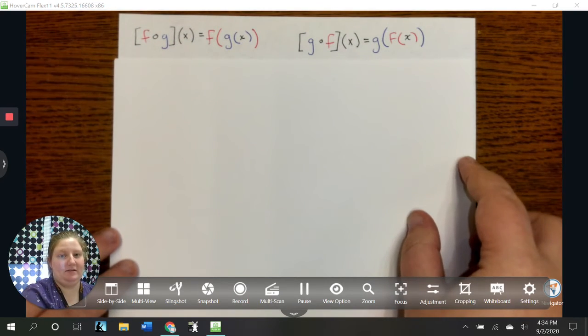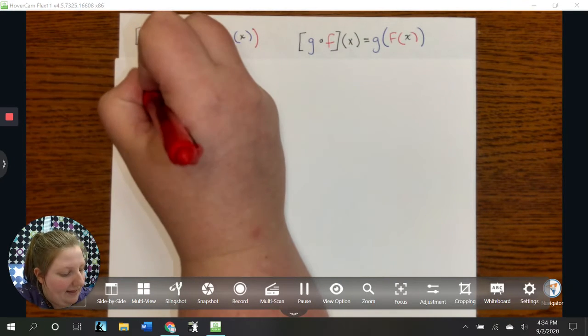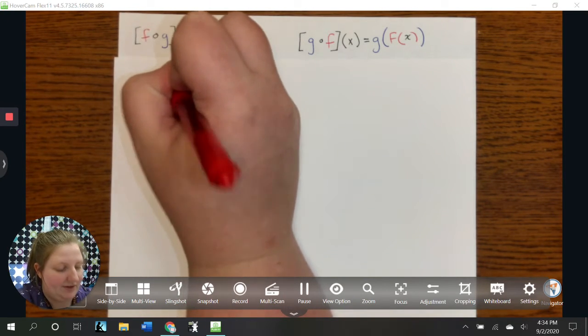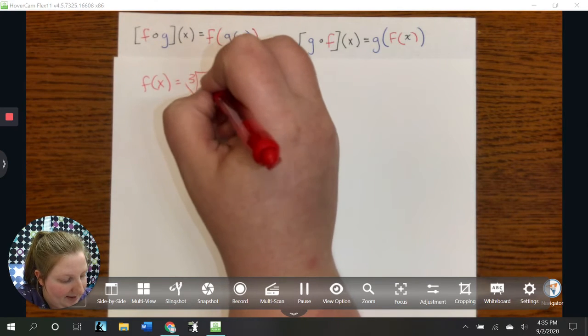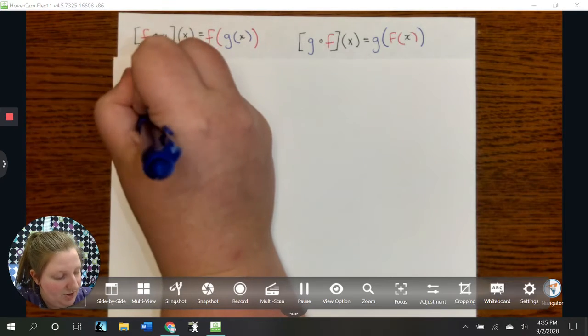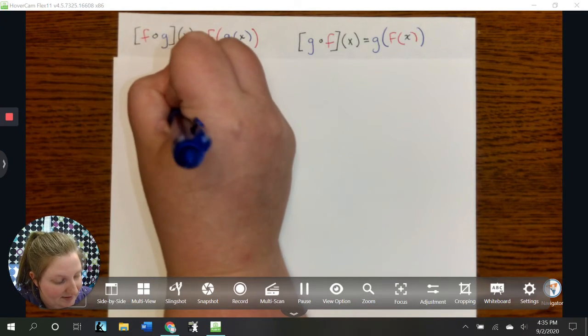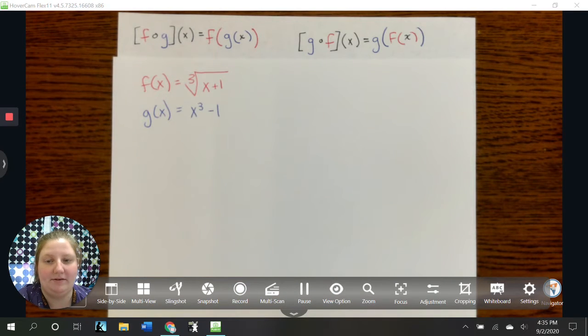I'm going to keep this up here for our reference. So let's do the functions f of x is equal to the cube root of x plus 1, and g of x is equal to x cubed minus 1.